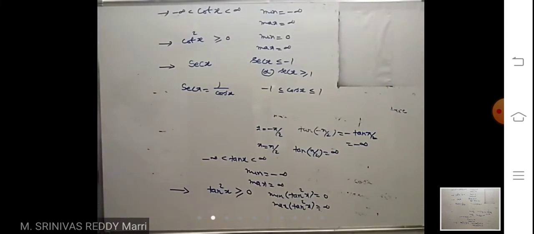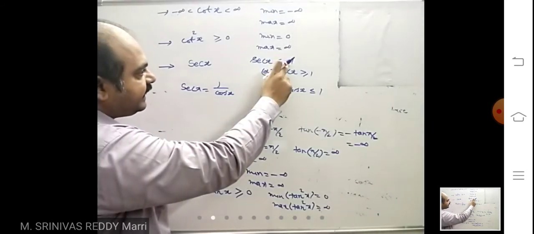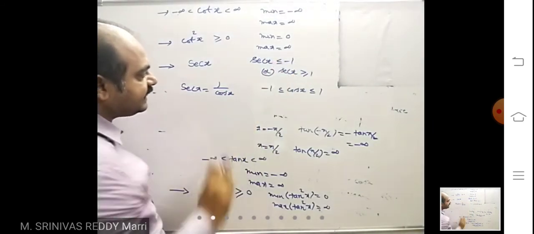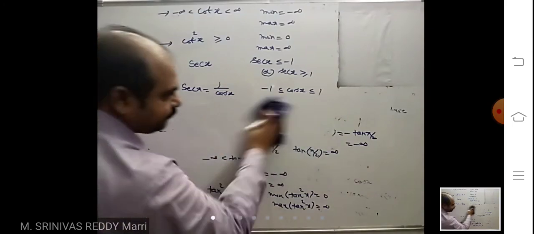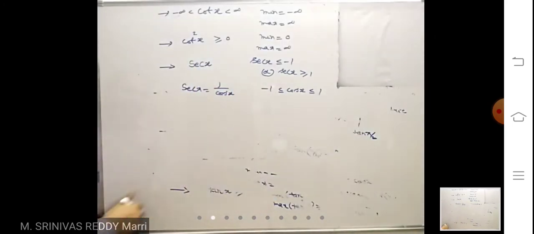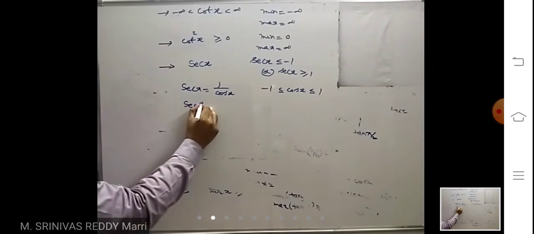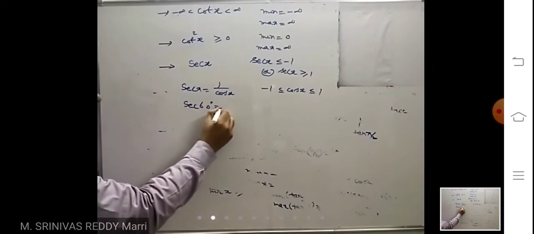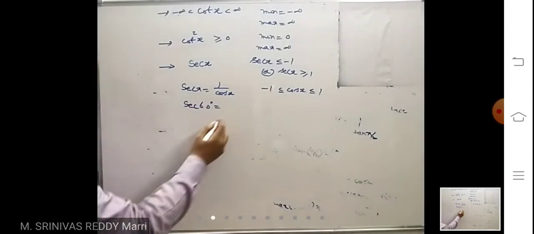That means secant x will be either less than or equal to minus 1 or greater than or equal to 1. Take an example: secant 60 degrees means 2.